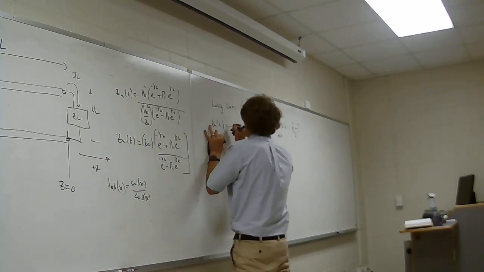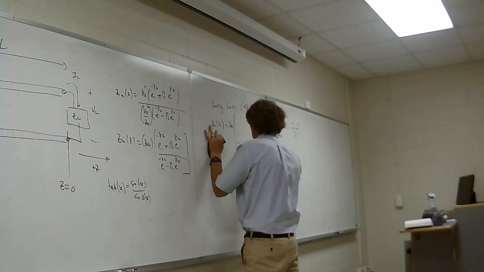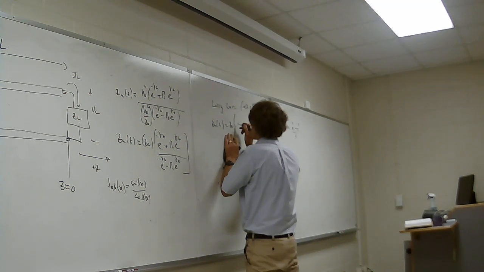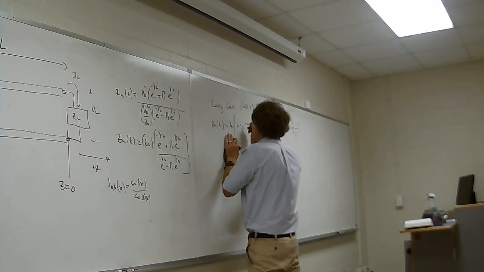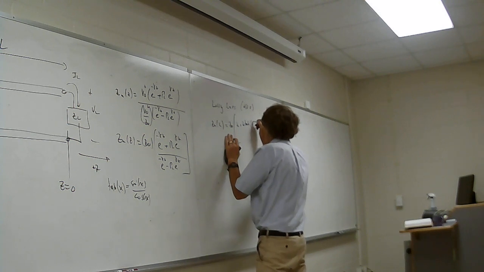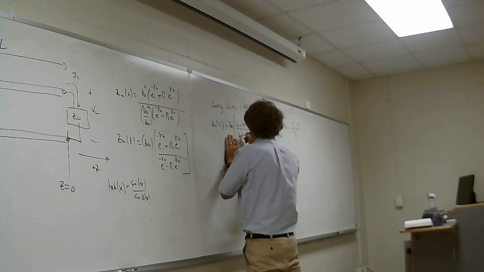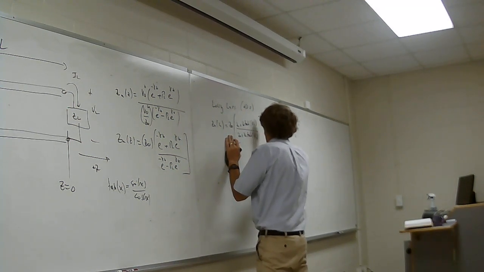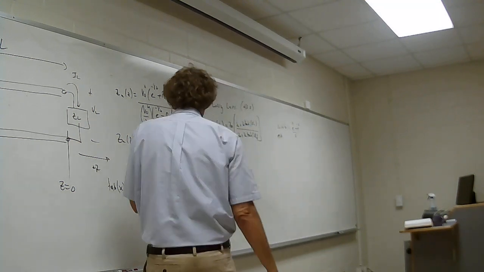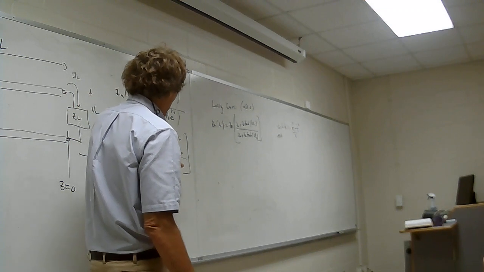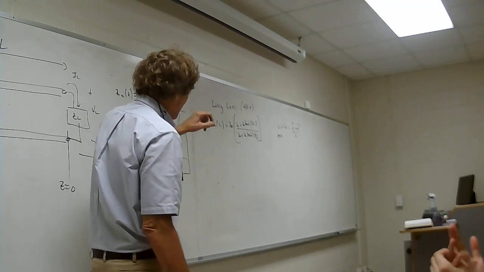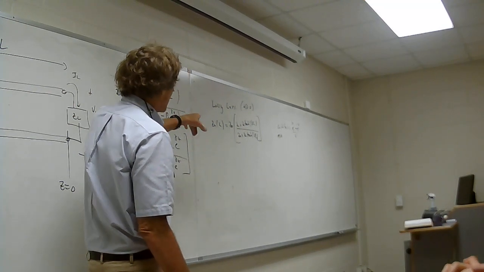So that's equal to Z naught, the characteristic impedance, times ZL plus Z naught times the hyperbolic tangent of gamma L, over Z naught plus ZL times the hyperbolic tangent of gamma L. Where this comes from is, if I take this and expand it somewhat, I can get hyperbolic tangent values here and here, and then rearrange it to get that, but I don't need you to focus on that right now. Just realize this would be for a lossy line.